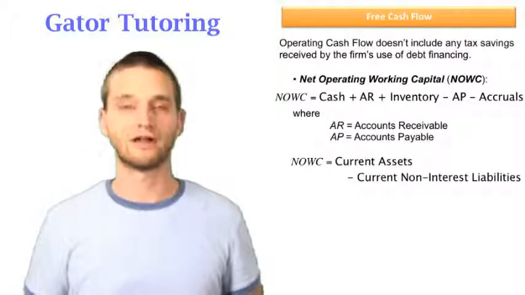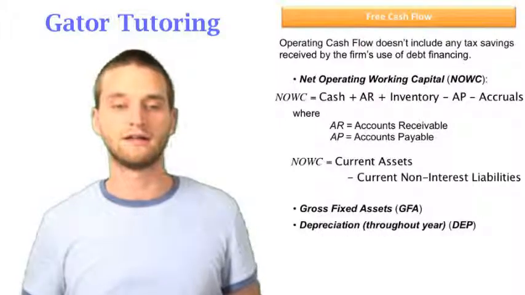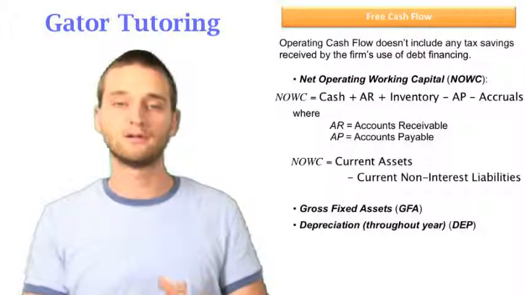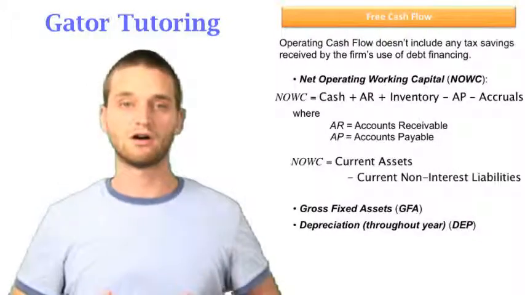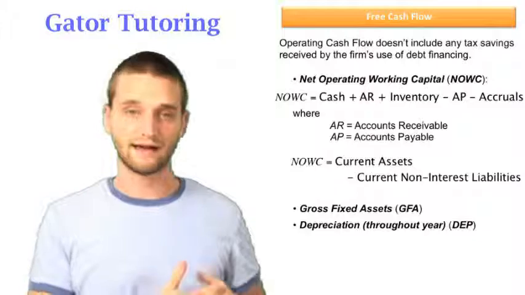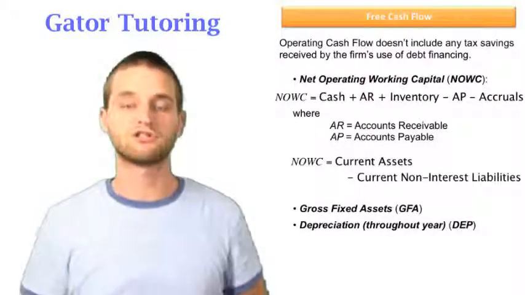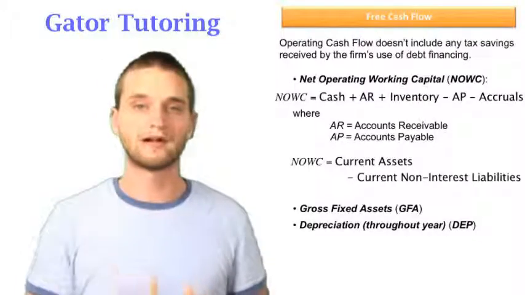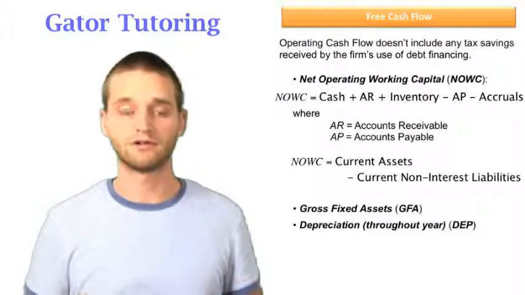Gross fixed assets, GFA, and depreciation throughout the year, DEP, well, we know what these mean. These are just from our balance sheet. Gross fixed assets are the total amount of fixed assets that we have, the book value of our fixed assets. Depreciation, we have depreciation expense each year because we're lowering the book value of our fixed assets as we use up value as they degrade over time.